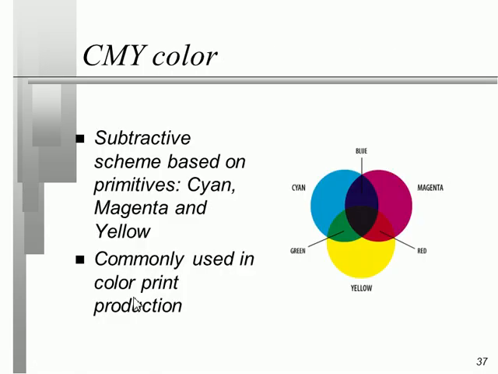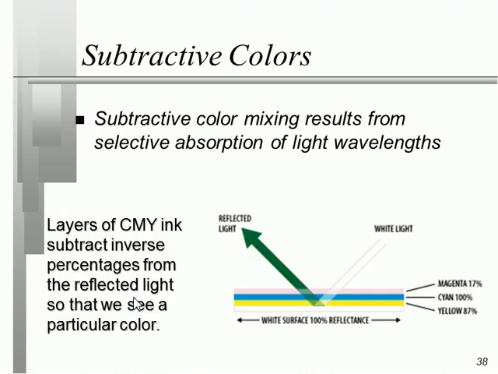And when you're in the cyan, magenta, yellow system, right, you're in subtractive synthesis land. When you add the colors together, it gets black instead of white. And the reason why is because we're dealing with the subtractive colors.